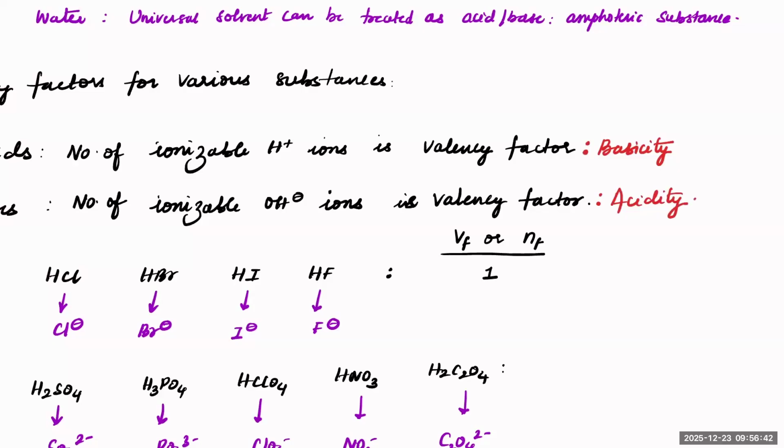That is how much acidity it can handle. A base can handle how much acidity, or an acid, how much basicity it can handle. That means how much base it can handle. That defines basicity, and here it defines acidity. Is that clear?